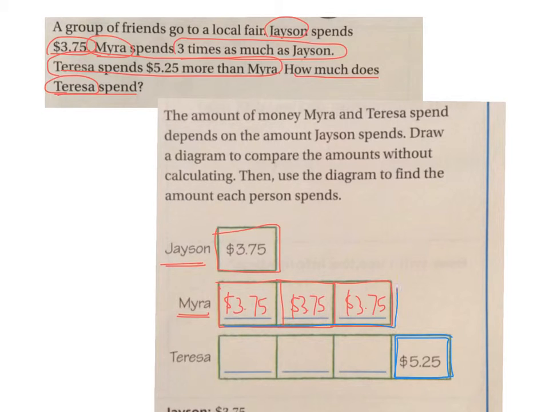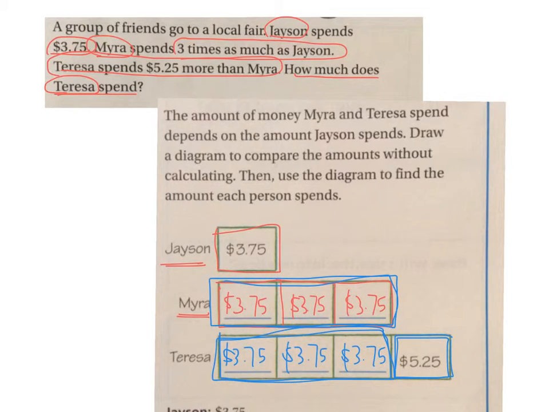So did she spend all of this too? Yeah, so this can be copied directly down to here. So what belongs in each of these blanks here for Teresa? $3.75 also. Right? There you go.